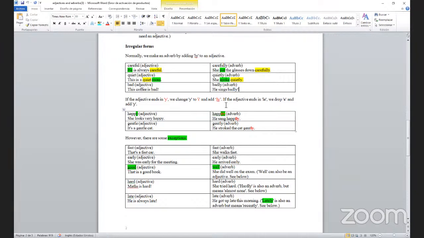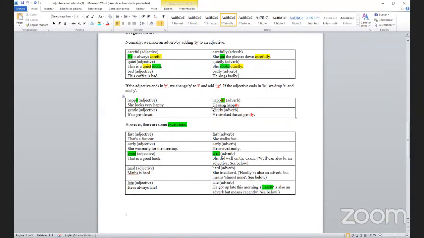So something here. When we have some adjectives that end in y and we want to convert them into adverbs, we have to change the y to i. So happy, happily, I-L-Y.